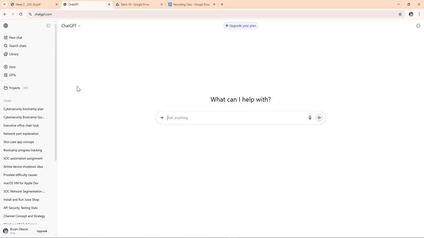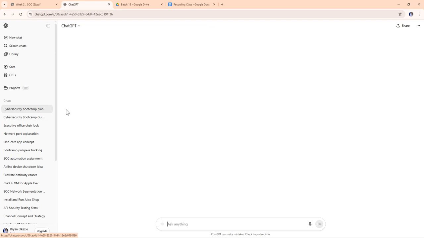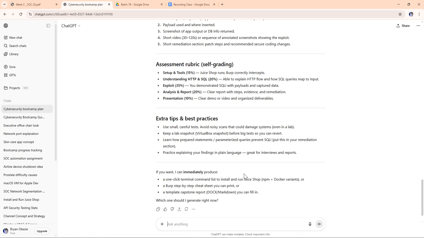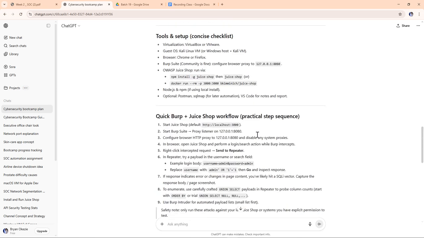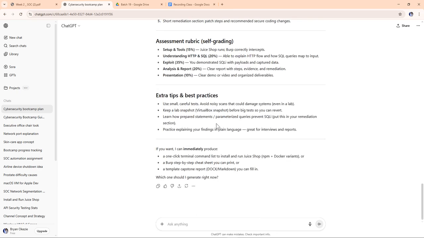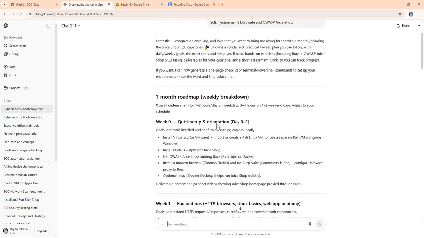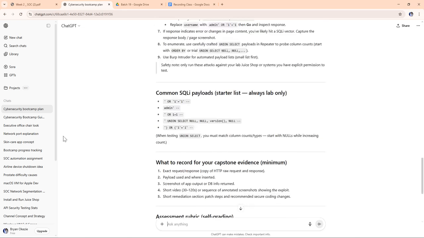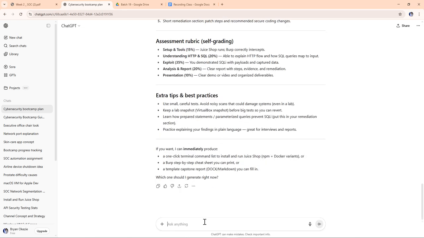Then for the ChatGPT, all you are expected to do is use the link. Once you open the link, the ChatGPT will open. Then you will see the discussion. You will see this discussion we already had. Then all you have to do is start from there.